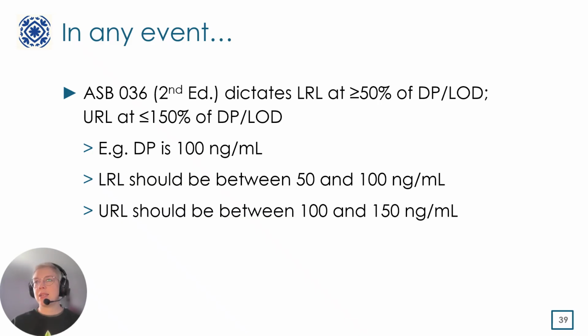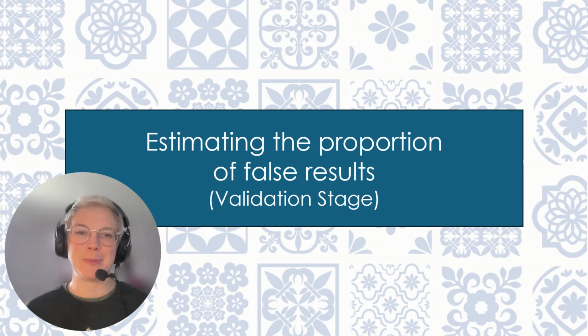And the reason this is there is really just so people don't have crazy wide unreliability zones, like, I don't know, 0 to 500 nanograms per liter with a cutoff at 250. No, we sort of want to put a quality limit on the size of the unreliability zone.